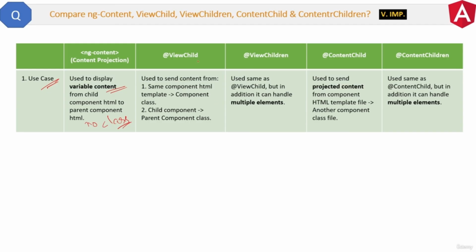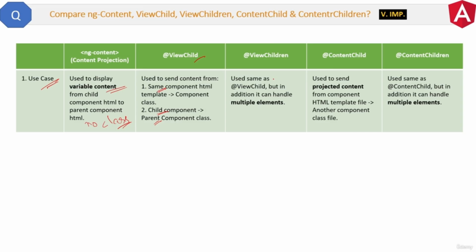Then the ViewChild decorator is used to send content from the same component HTML template file to the same component class file. And also it is used for content transfer from child component class file to parent component class file. So this is the use case of the ViewChild decorator.